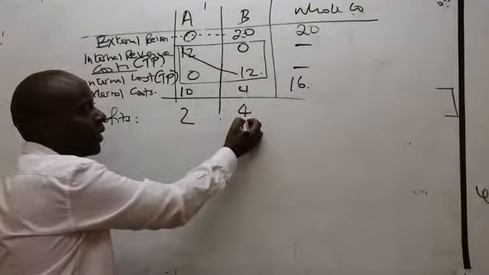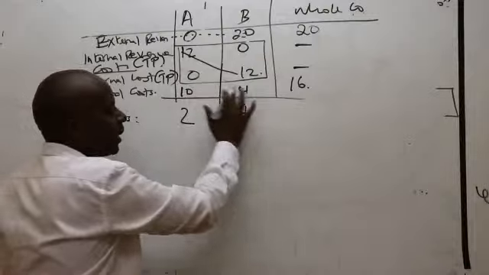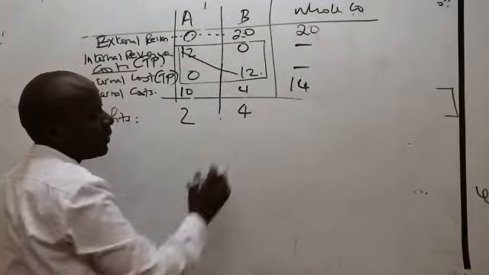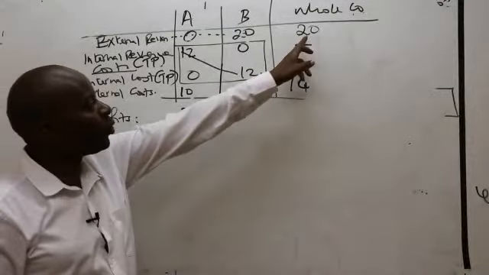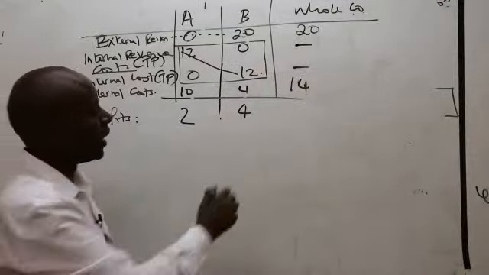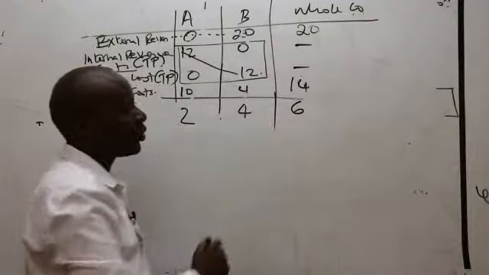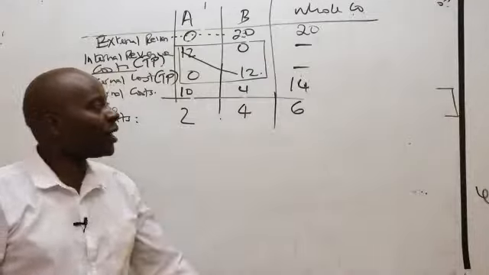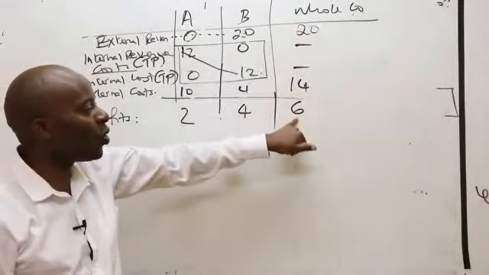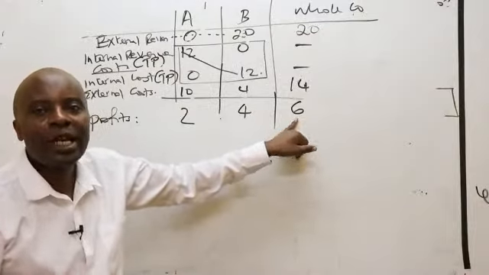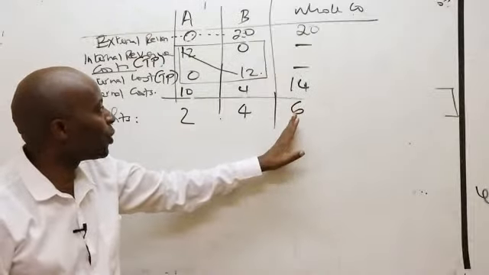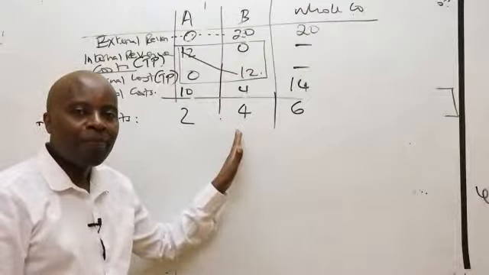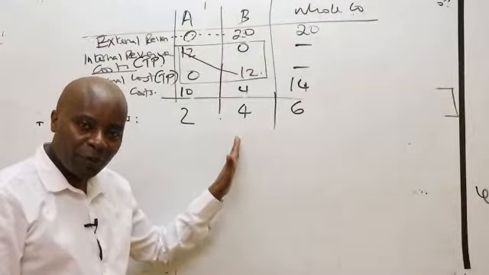Sorry, this is supposed to be 10 plus 4, which is 14. Sorry for that. So 20 minus this cost of 14 gives us 6. The whole company's profit is 6, which has been split between the two divisions, A getting 2 and B getting 4.